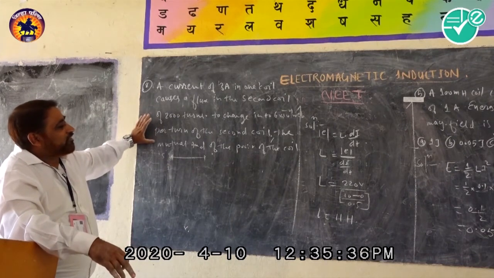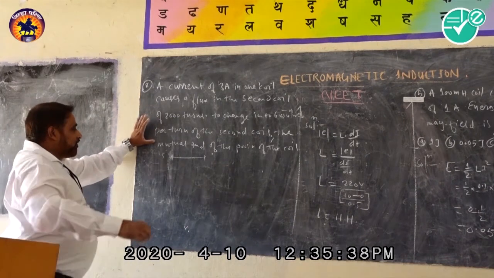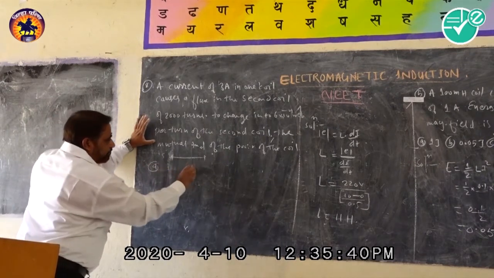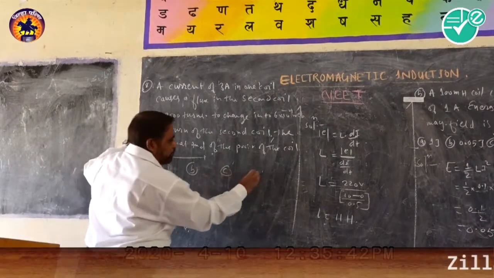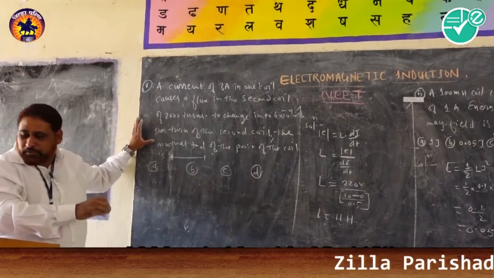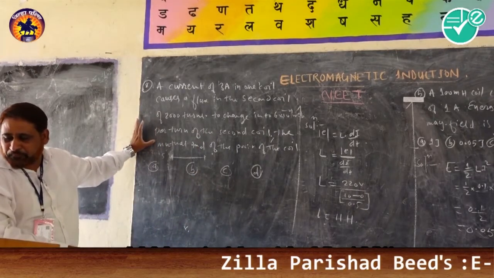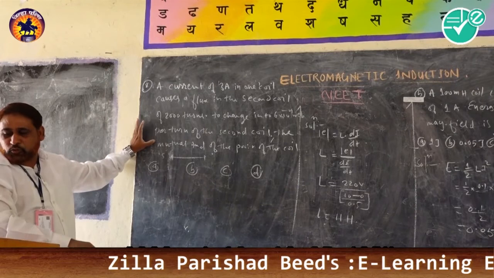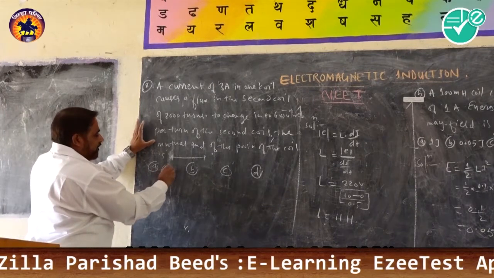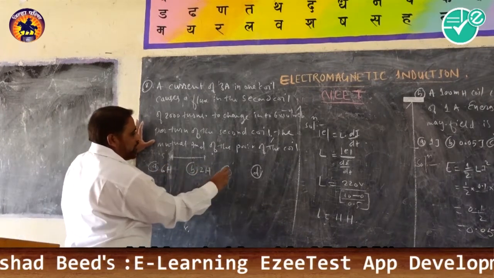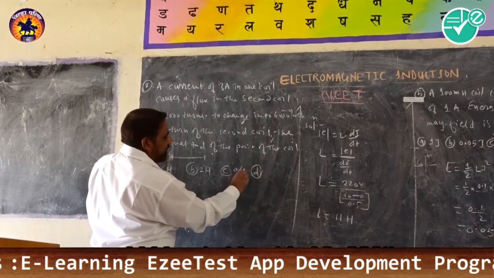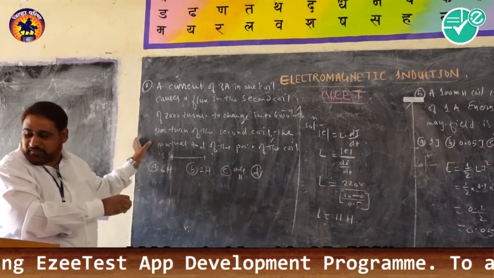The mutual inductance of the pair will be how much? The options are here. One of the options is 6 Henry, 2 Henry, 0.4 Henry, and the last one is 4 Henry.